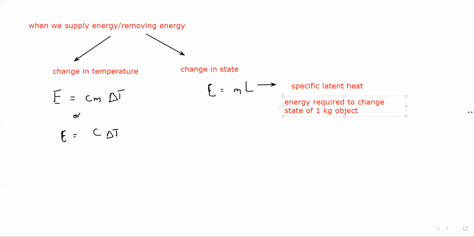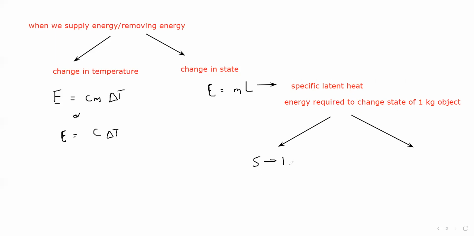We can change the state, like we can convert solid into liquid, or the opposite, liquid can change back to solid, or a liquid can change to gas, or a gas can change back to liquid.